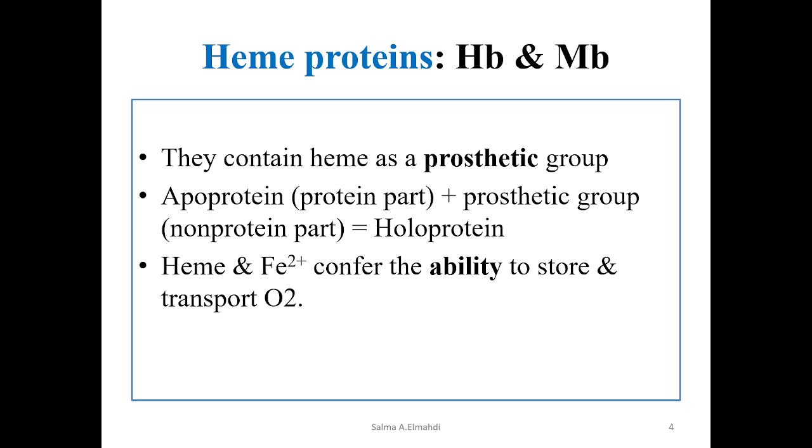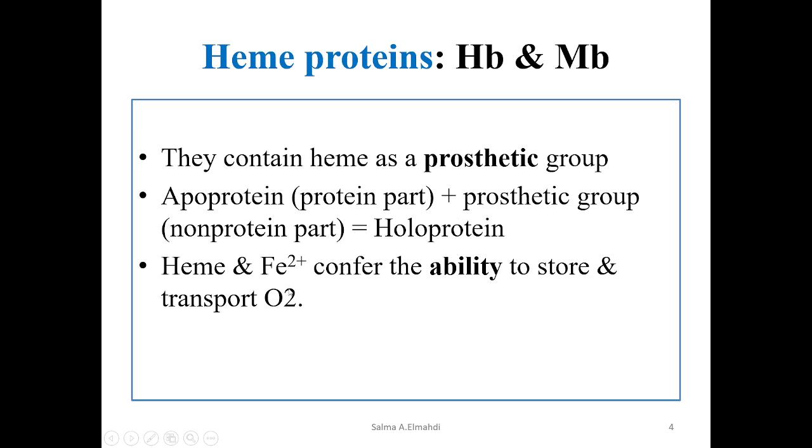Both hemoglobin and myoglobin contain heme as a prosthetic group. You know that a functional whole protein is a holoprotein. It consists of two parts, an apoprotein, which is the pure protein part, and a prosthetic group, which is a non-protein part. So in a functioning hemoglobin or myoglobin, the non-protein part, the prosthetic group, is heme.